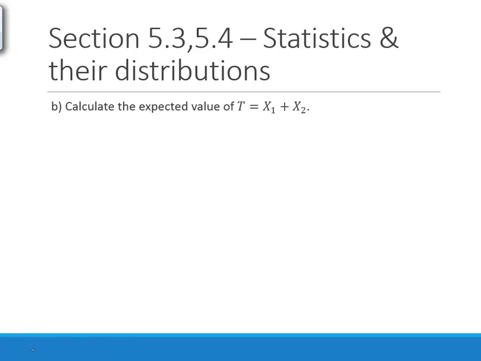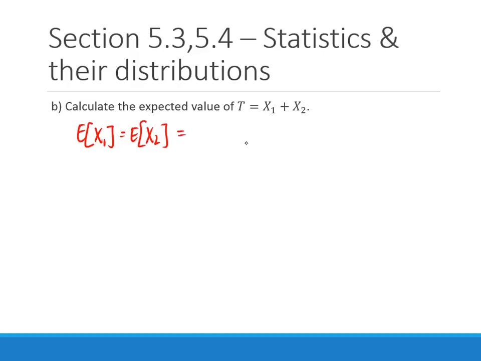So now, still looking at the sum of these things, but just to recall, of course, we can do the same things that we've done before with random variables, like, for example, calculate the expected value of t. And there are two ways to go about doing this. Let's just make a quick note that the expected value of x1 is the same as the expected value of x2. They have the same distribution, so their expected value is the same.